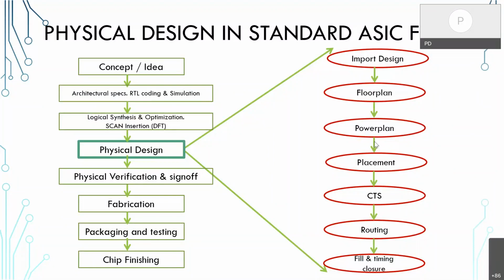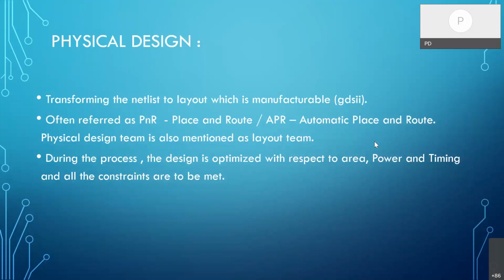So that's what physical design is, normally transforming that gate level netlist to a manufacturable GDS, that means the graphical data stream, more like a stick diagram. That whole graphical data is saved in the form of a binary file, and it is provided as an output.